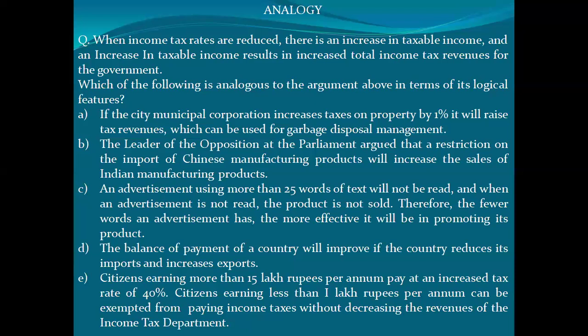You see, there are only two registers here, not three. If I take the import of Chinese manufacturing goods to be X and the sales of Indian manufacturing products to be Y, then basically it is X decreases and Y increases, but there is no Z. Okay, sir. Got it.